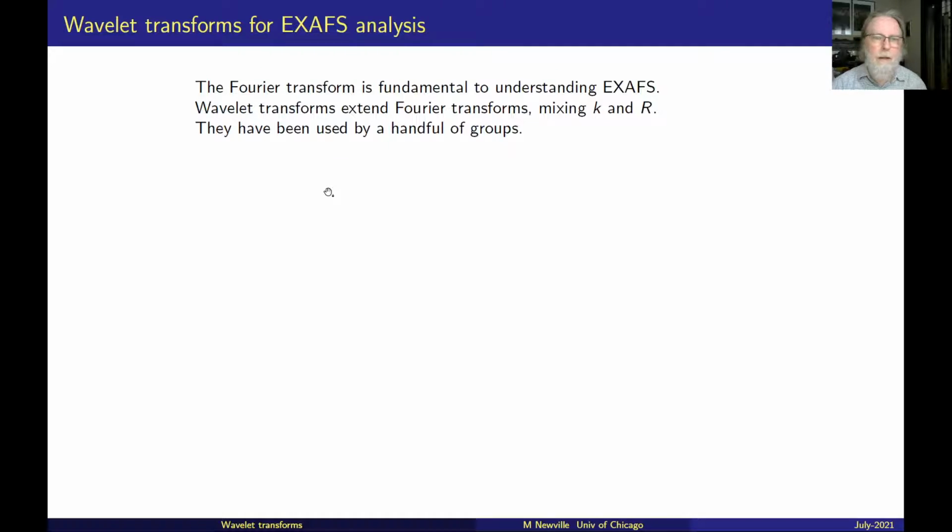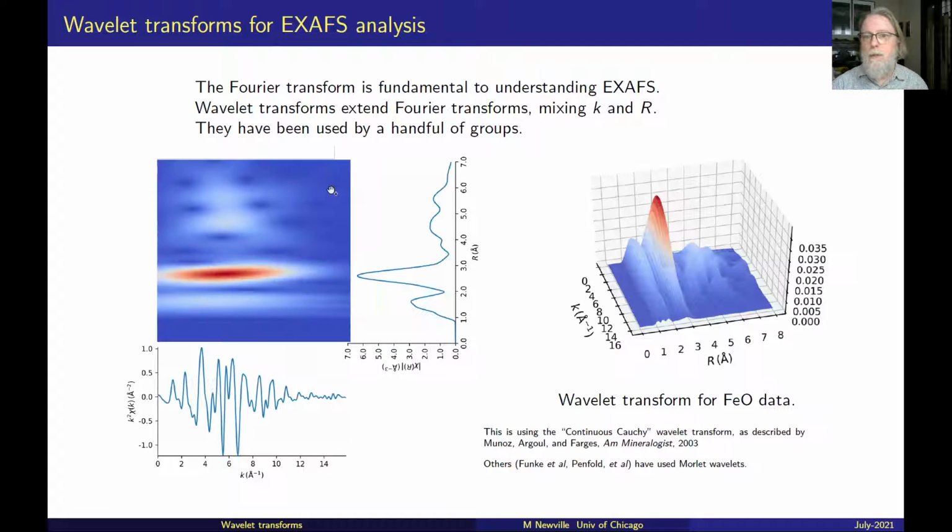And in XAS Viewer and Larch, you can do these transforms readily, and you can even do the analysis in wavelet space. So here we've made a map where effectively we have k on the horizontal axis and R on the vertical axis.